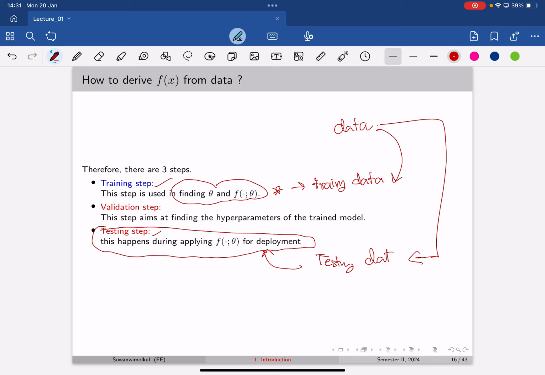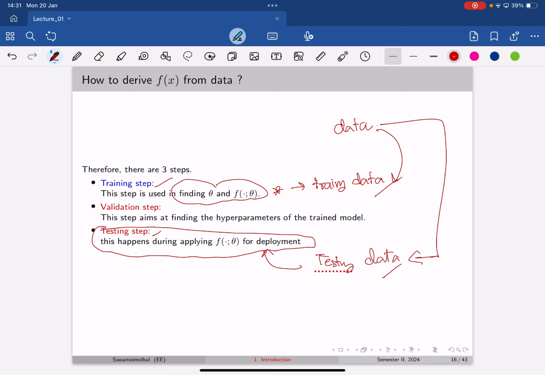In this testing step, you'll be using what we call testing data for your evaluation. Of course, in both training data and testing data, you need to have input features and your measurements reference, or it could be ground truth. It depends on your task.